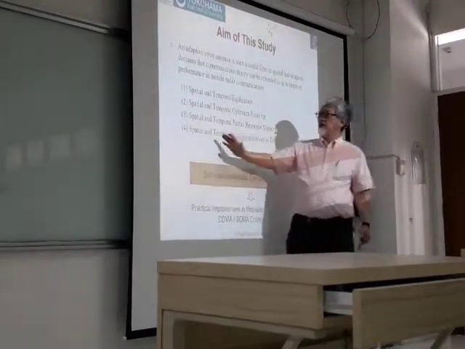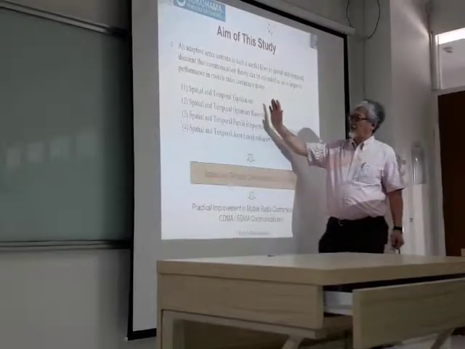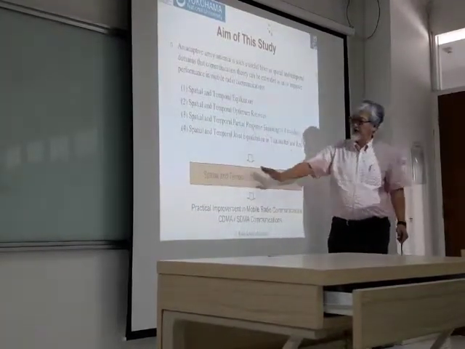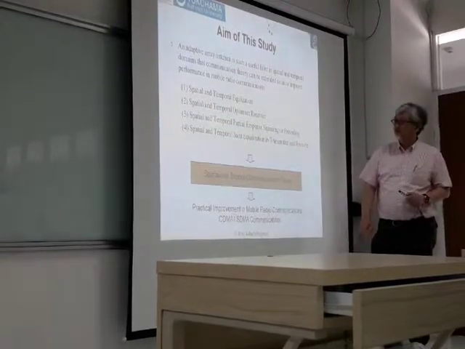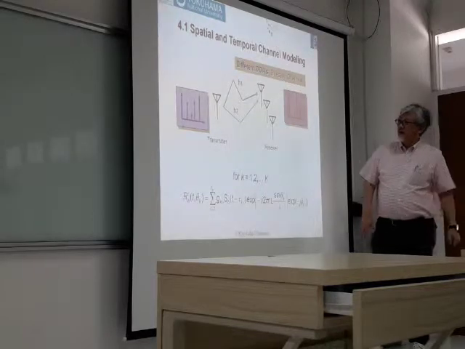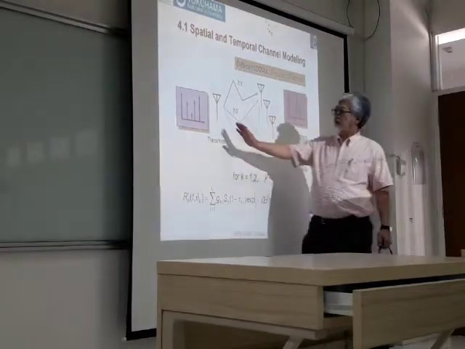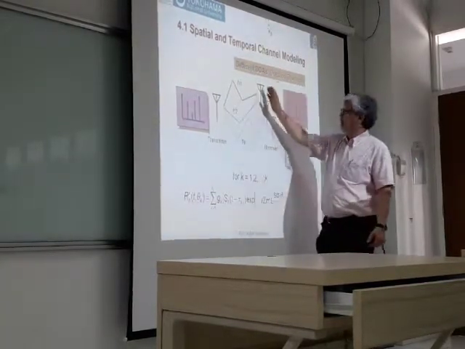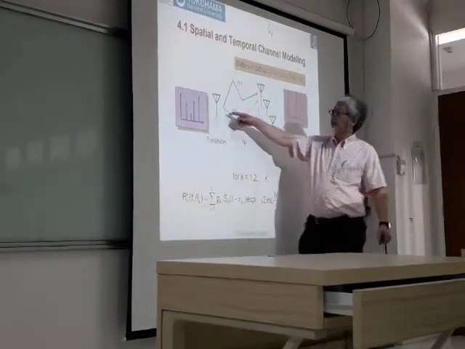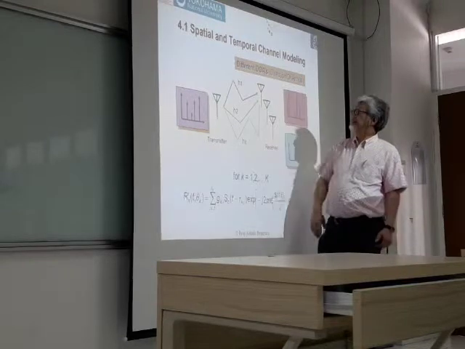By introducing an array antenna, the legacy temporal time-domain theory can be extended to the space domain as well. You see a simple case: one transmitter and three antenna elements, and this is a propagation path, for instance.